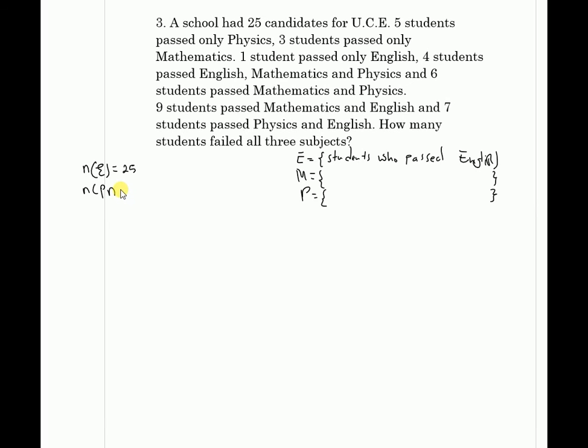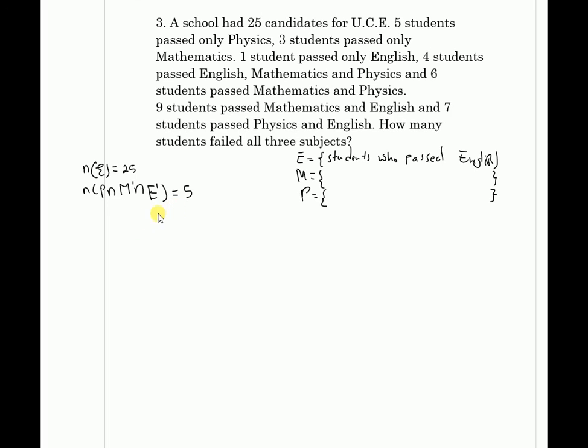So this one is P intersection M complement intersection E complement. 5 students passed only physics.